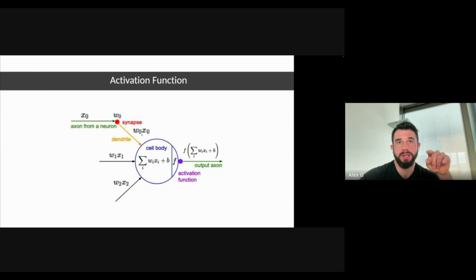W0 is bias. See, W0, X0 is B. Actually, no. Actually, that's different. Each neuron has a bias in the form W0 X0, and then each layer has a bias. So there are two bias terms.